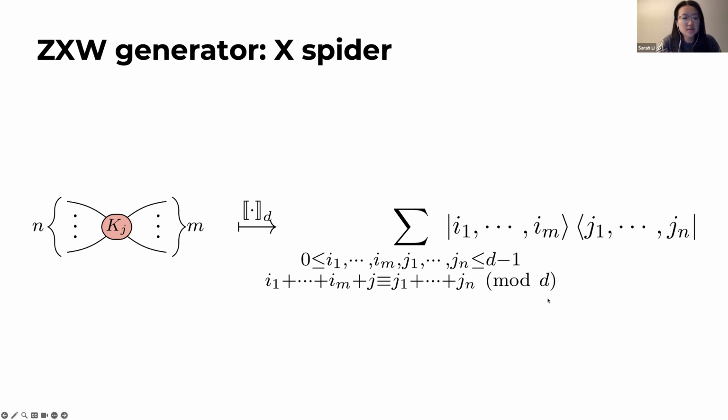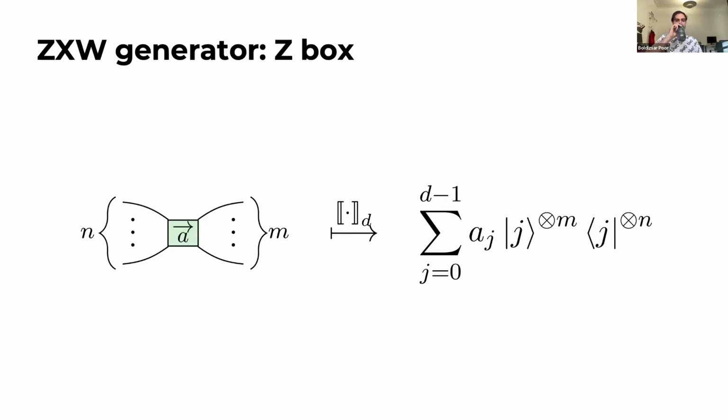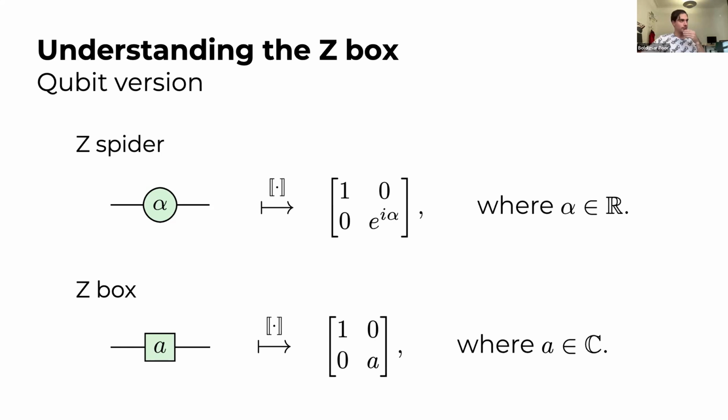Bodhi, can I ask a question? Of course. So could you scroll back to when you define the Z box? Mm-hmm. Right. So for this one, can we think of this a arrow as e to the power of minus iZ a arrow? Are you basically asking, can we define it for the Z spider case?